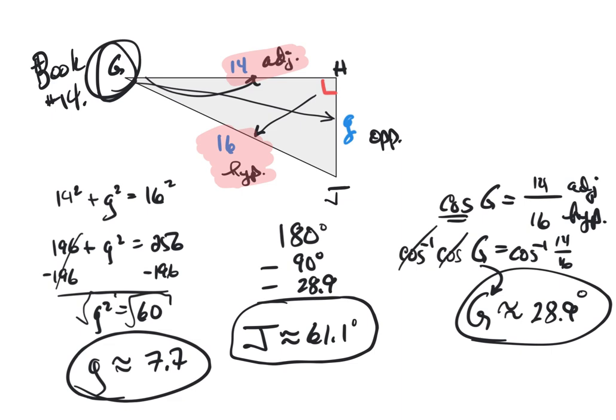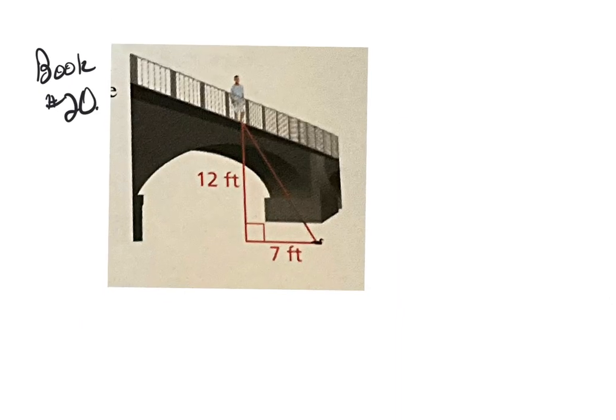And then the last one I'm going to do for you is the book problem number 20, right? So again, feel free to pause the video if you need to, so you can get a little bit of the problem written down. But what's going on is this person's up on this bridge. They look down at a duck in the water.